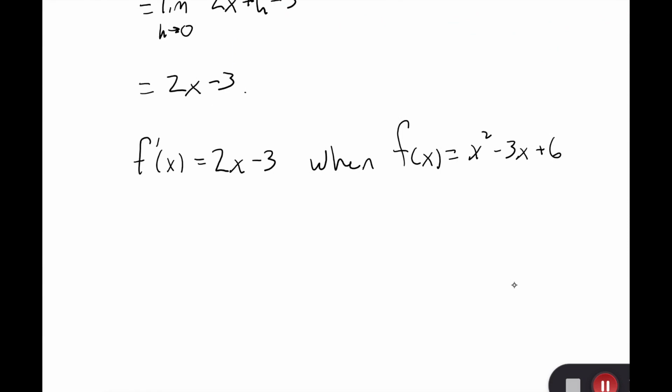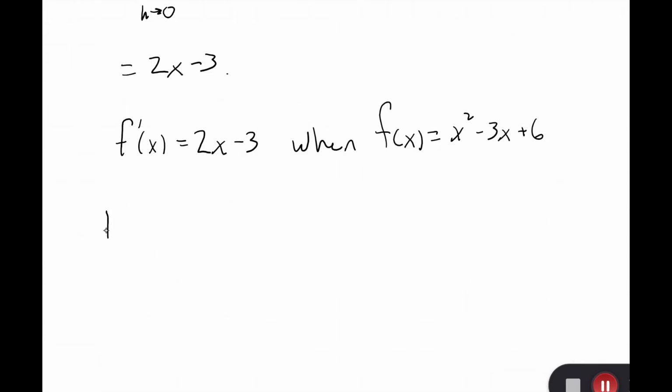So what this tells me is that, let's say simply f prime of 2, right? That's just 2 times 2 minus 3. 2 times 2 is 4. Minus 3 gives me 1.